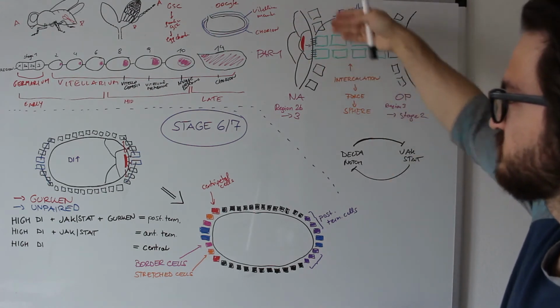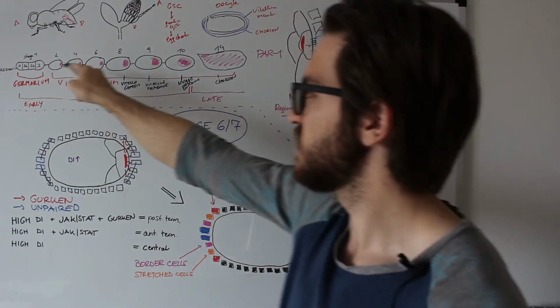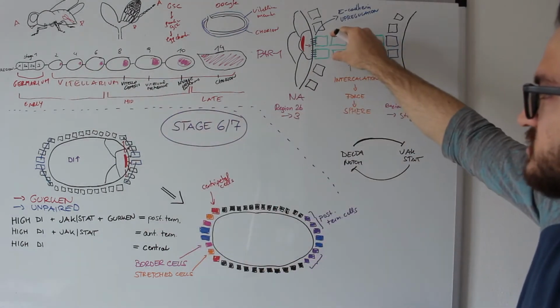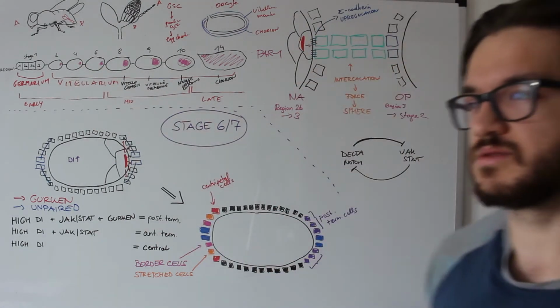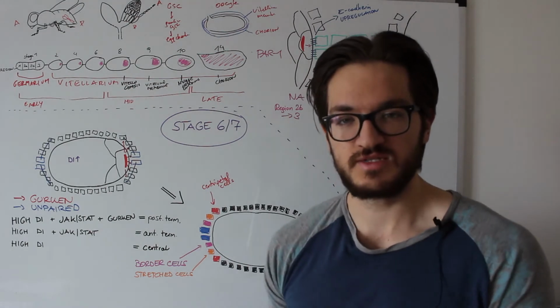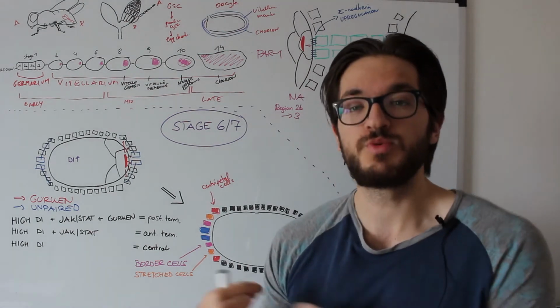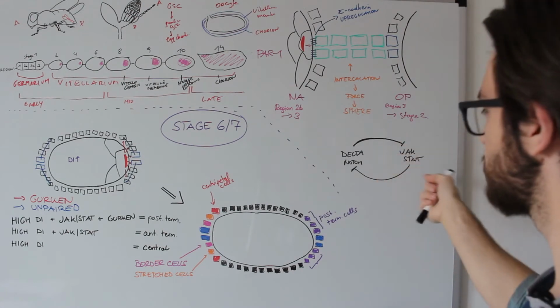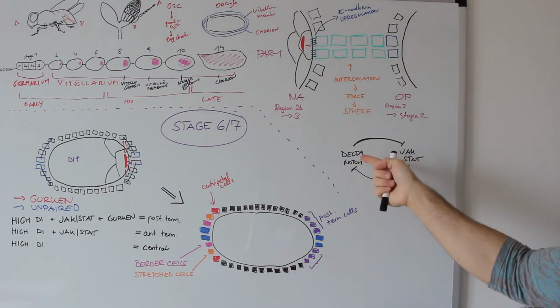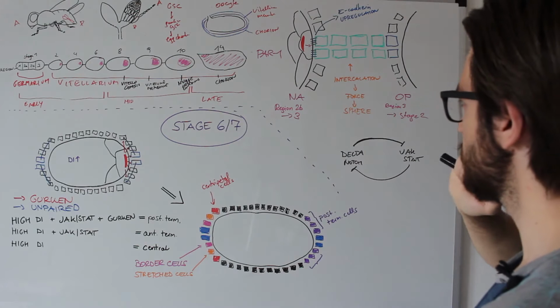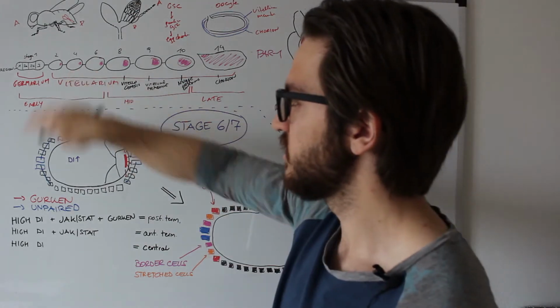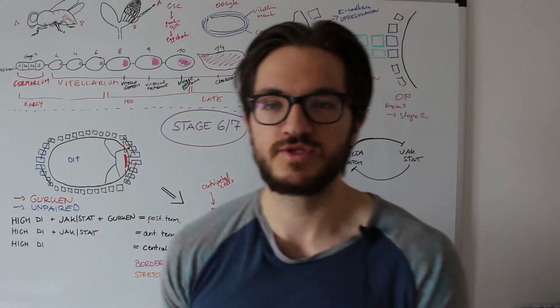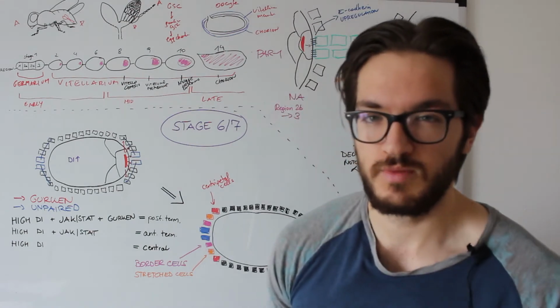However, when this whole spatial thing changes throughout these stages, these two cells will contact the germline cyst more, and thus the Delta-Notch signal will be more prevalent than the JAK-STAT signal, leading to JAK-STAT being inhibited and Delta-Notch being activated. So then, here at the beginning of the vitellarium, they're going to differentiate into posterior polar cells.